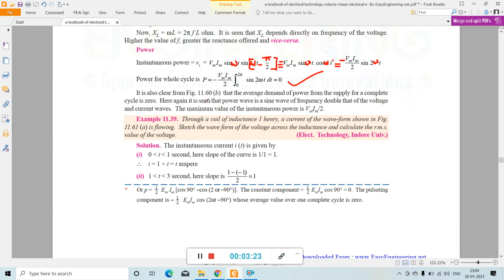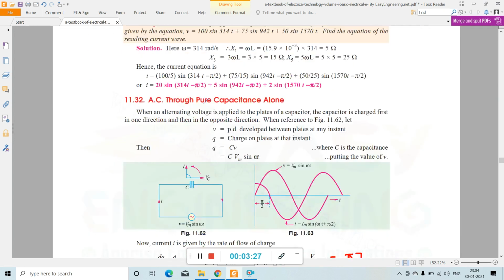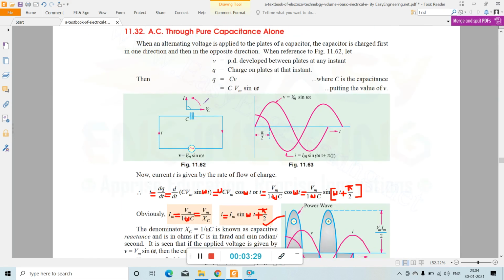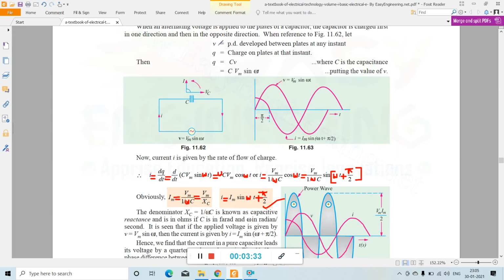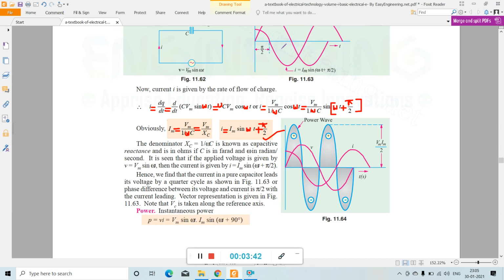The next expression is for AC through pure capacitance. See here also, if V = Vm sin omega t, then in this case I is derived as Vm by 1 by omega C sin (omega t plus pi by 2).